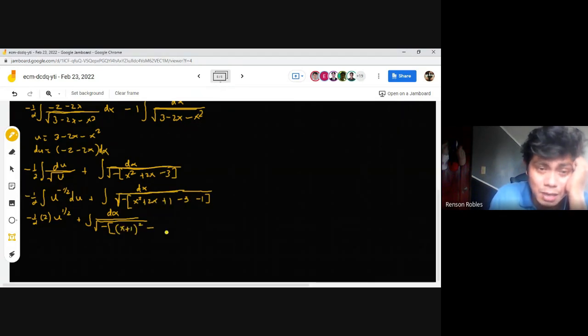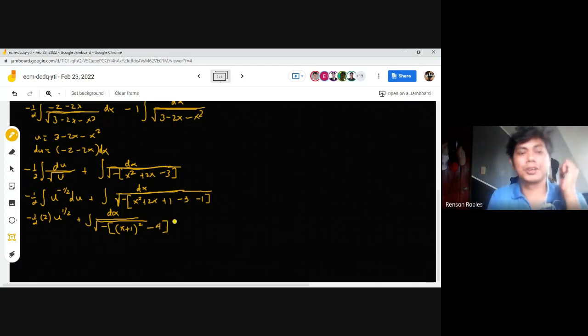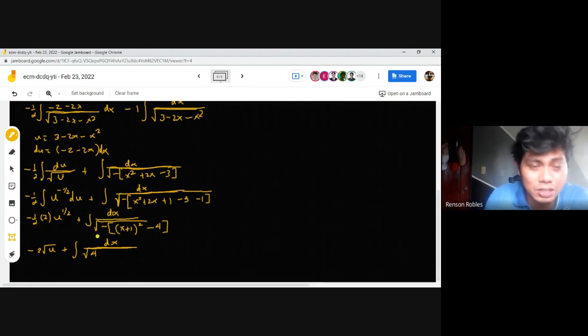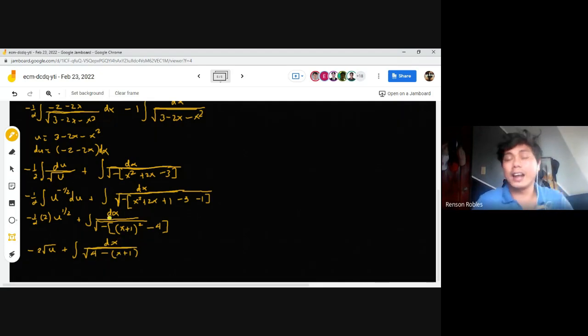Then negative 3 minus 1 when added, negative 4. And then you can now introduce that minus sign each term inside. So this is negative 2 square root of u, then plus integral of dx all over the square root of negative 4 will become positive 4 when this minus 1 is introduced each term inside. Minus, you simply copy x plus 1 squared. And this will give you an arc sine.